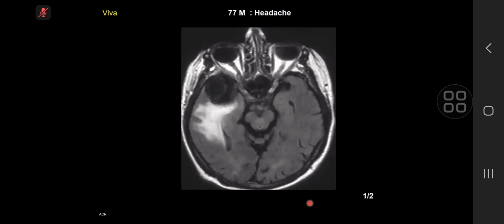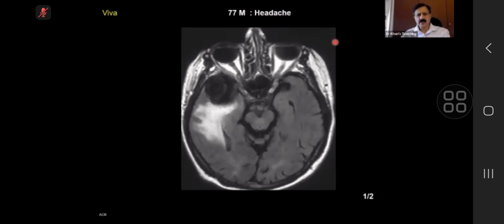No other similar abnormalities are seen. This could represent a giant aneurysm in the region of the temporal lobe.